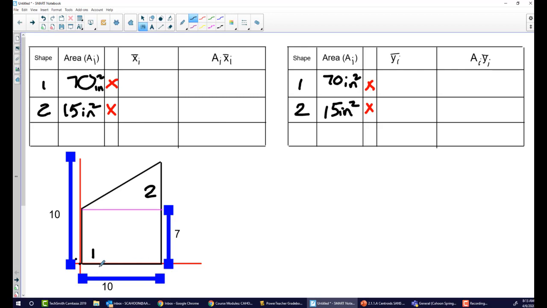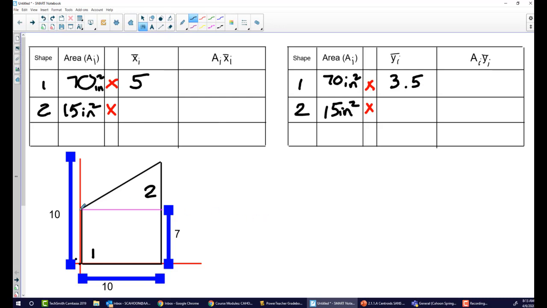So the x location is going to be base divided by 2. So the x location is going to be 5. And the y location is going to be 1/2 of 7, which is 3.5, right? So that would be the centroid location would be about here for the rectangle. Okay.